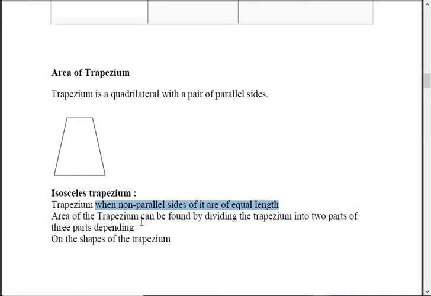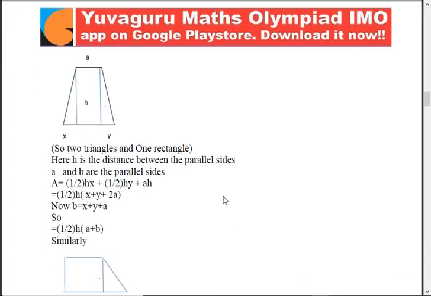The area of a trapezium can be found by dividing it into two or three parts, depending on its size and shape. See this trapezium: 2 triangles and 1 rectangle. So half base into height for the triangles, and length into breadth for the rectangle, and then add them: half h x, half h y, and a into h. Add them and you will get it.